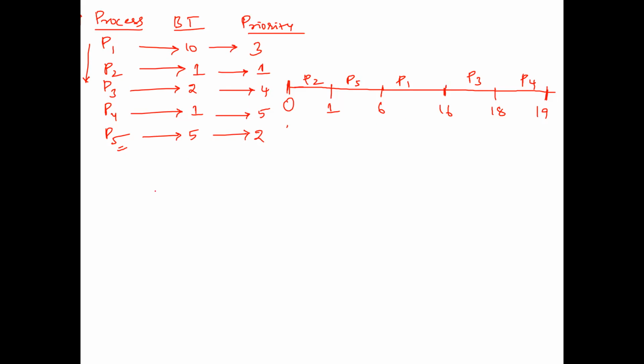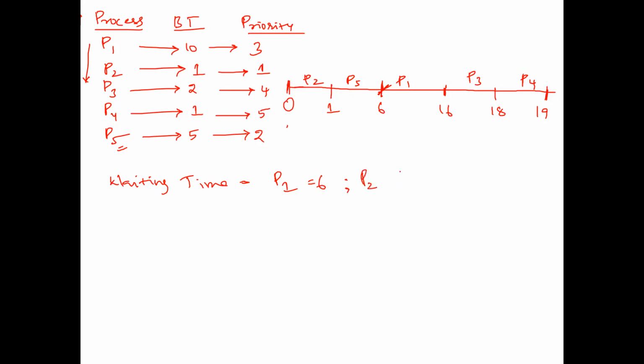So now find out the waiting time for each process one by one. What is the waiting time for P1? P1 has waited up to 6 units of time.